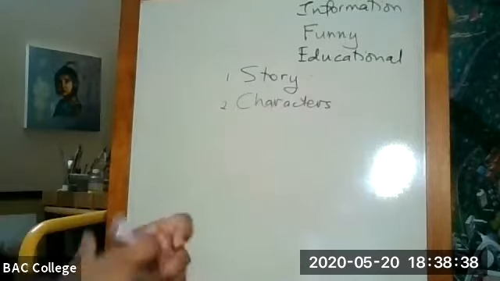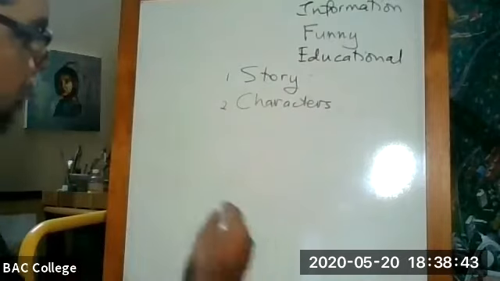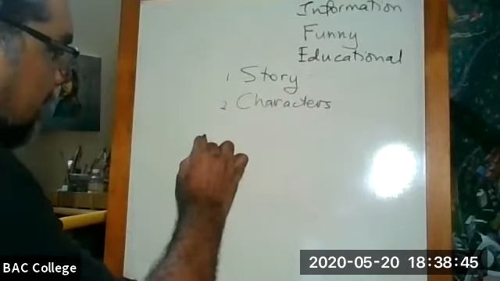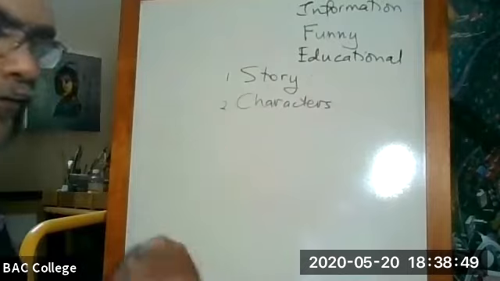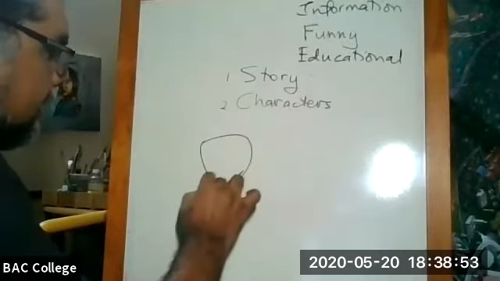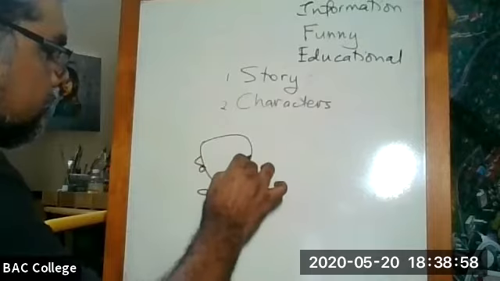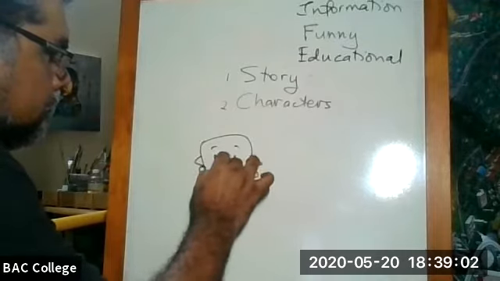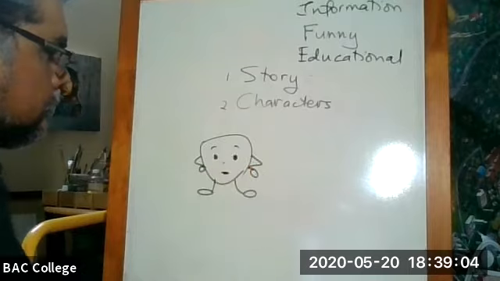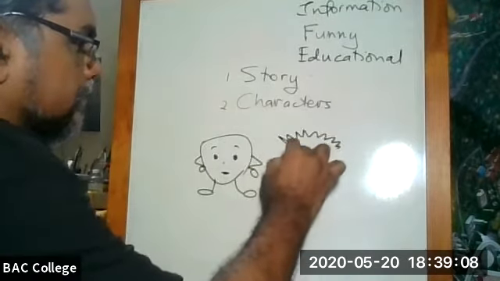And so now you're going to get characters. I want you to imagine a character. So you can have simple characters. You don't have to get complicated looking characters, just for practice purposes, okay? You can get simple characters like this. You can get very simple.